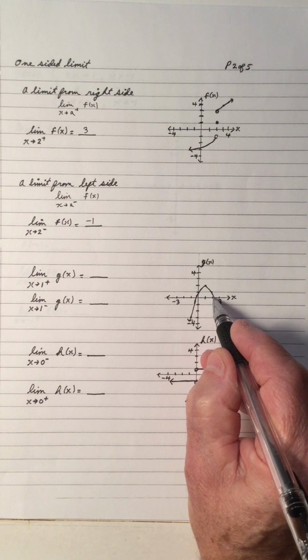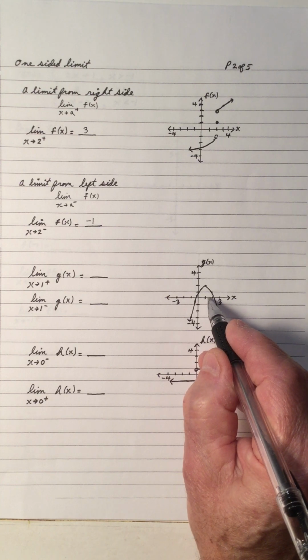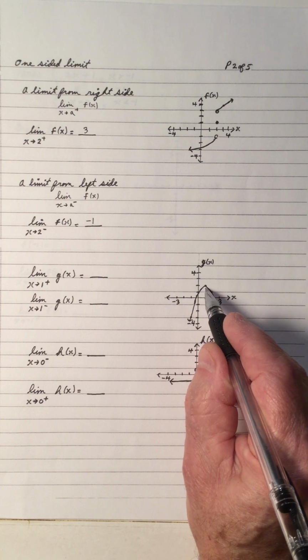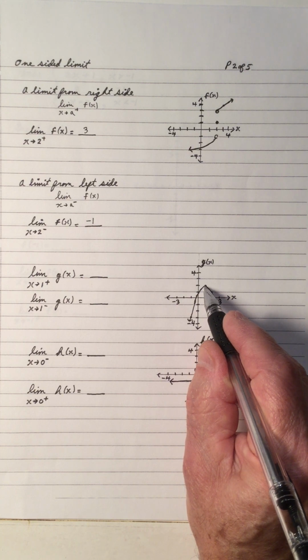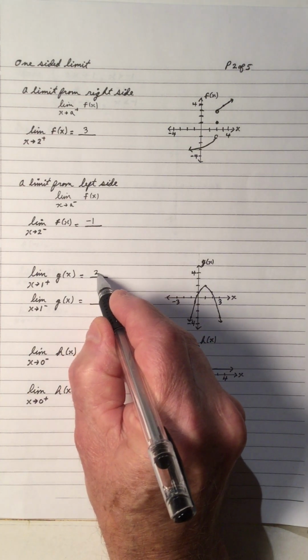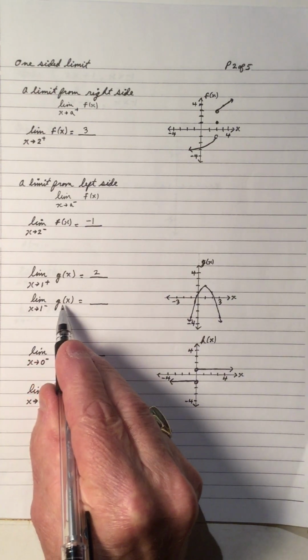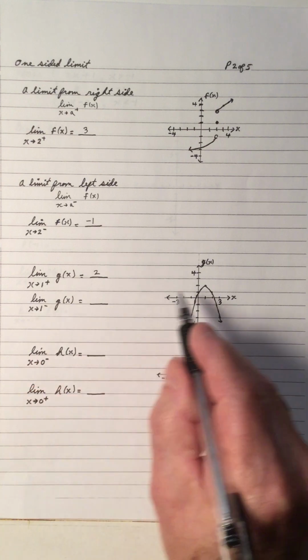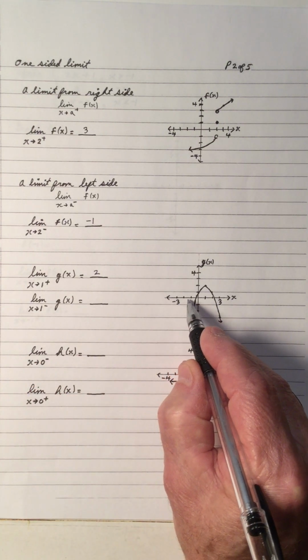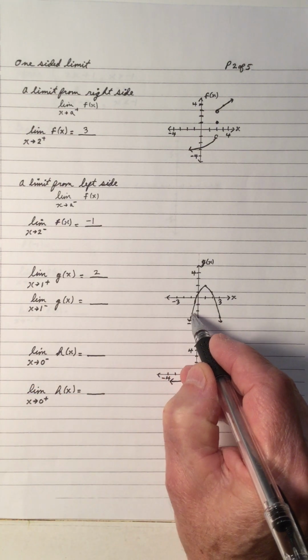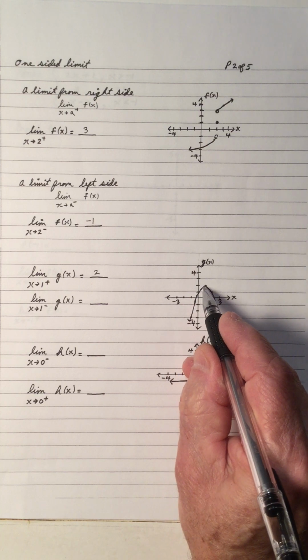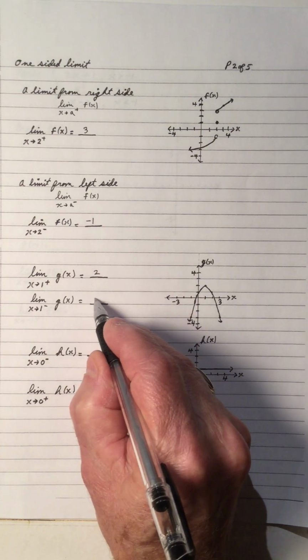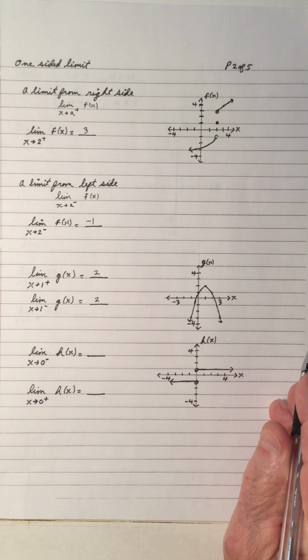At 2, it's here. And as we come along, we're moving up this curve until we get to 2. And what's the limit of g of x as you approach 1 from the left side? So we're coming in from the left side here. That means we're coming up this curve right to here, and we get 2 also. So the two of them are the same.